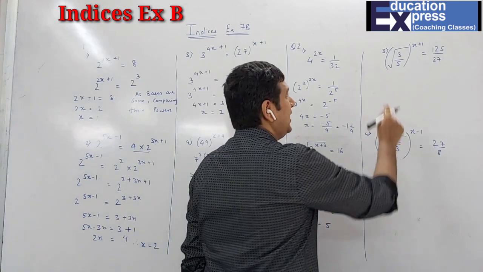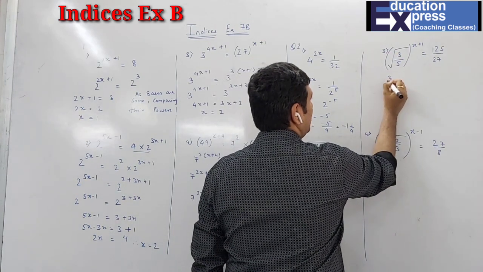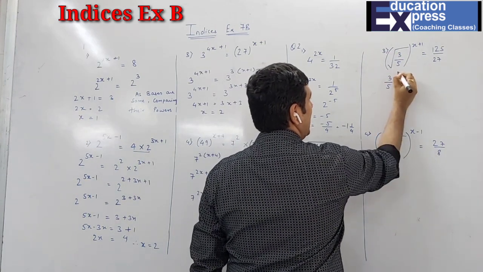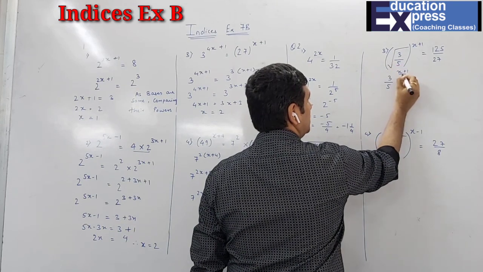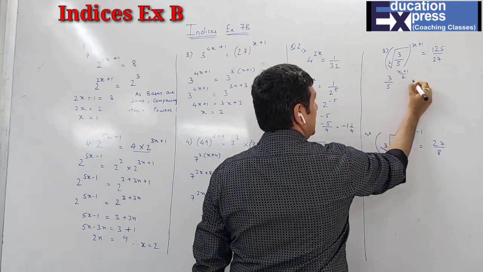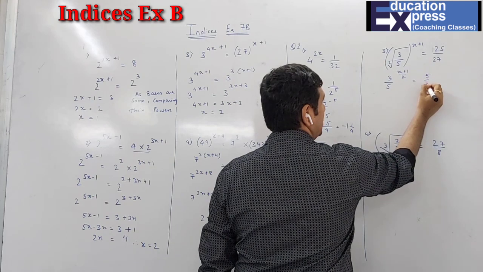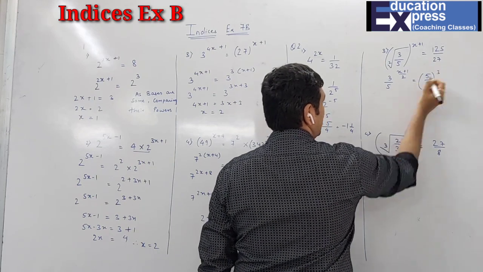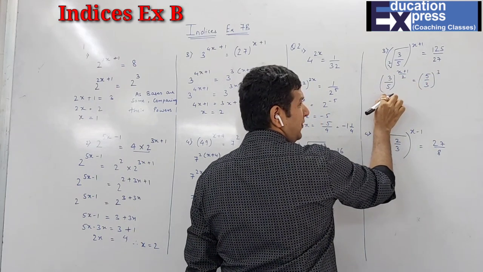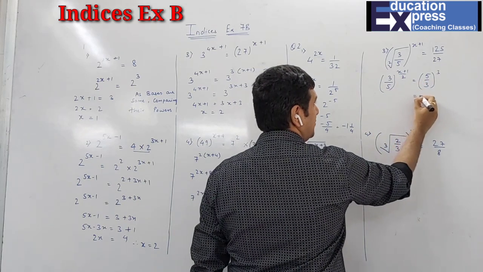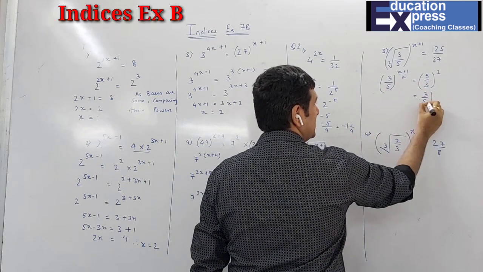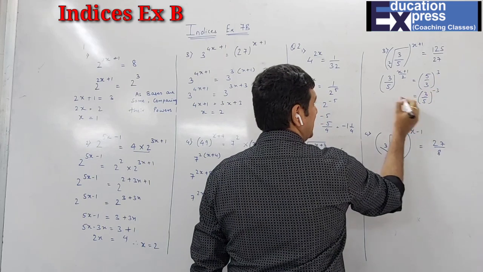Next, again same to same. 3 upon 5 is my base. Power is (x plus 1) upon the root, which is 2 because nothing is mentioned. Equals, this is 5 and this is 3 cubed. Now again students, you can see that this is 3 upon 5. In order to get 3 upon 5, I have to reciprocal this. So when I reciprocal this, the power will definitely become negative.